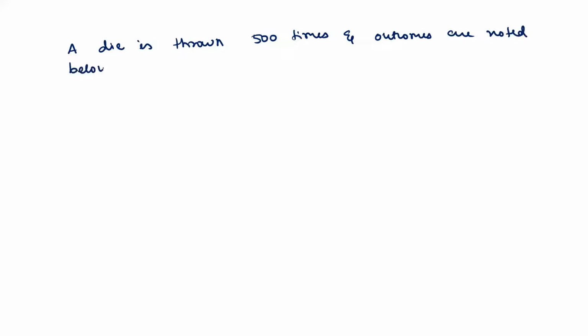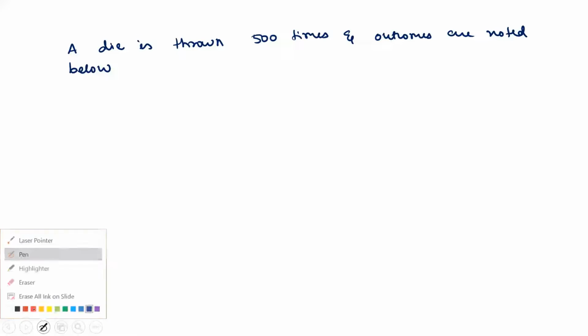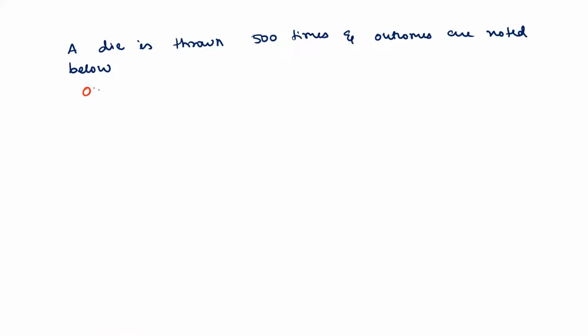So this is a problem given to you. When a die is thrown, what are the outcomes? We have discussed that, right? 1 to 6. 1, 2, 3, 4, 5, 6.